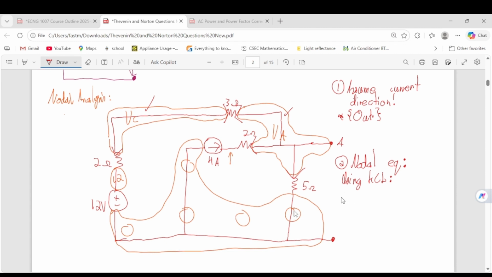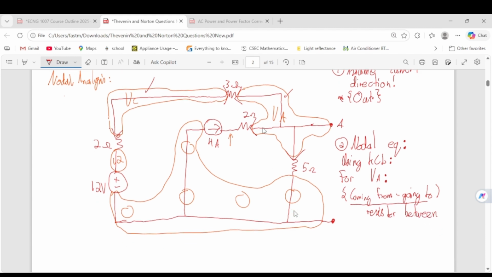So let's start with VA. How many endpoints do we have? We have a little equation for each endpoint, right? And a little thing you could use to remember it is where you're coming from, minus where you're going to, divided by the resistor between them.